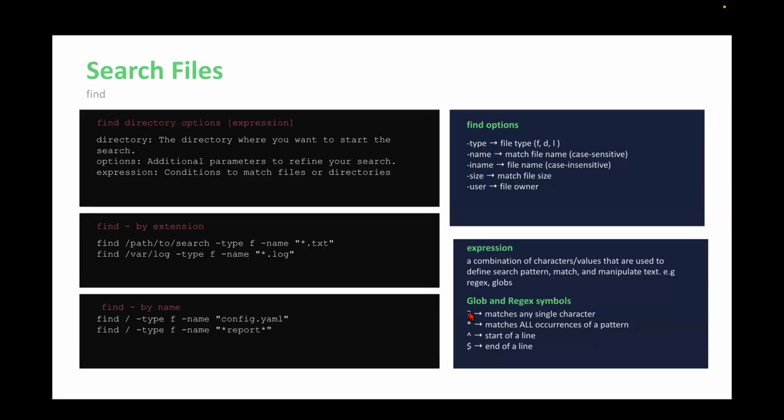Now, I have some globs here, globs and wildcard symbols that make searching easy. Personally, in my own experience, I have a very large directory, and I'm trying to just grab the file that I'm looking for, or I can't remember the location of the file.